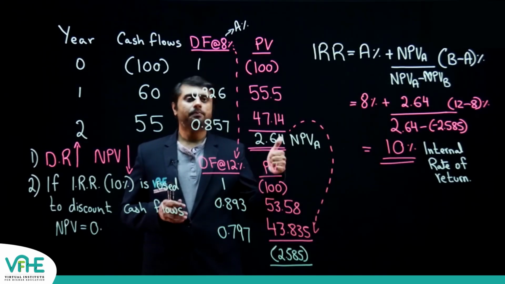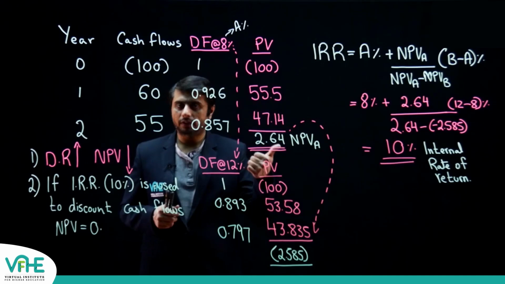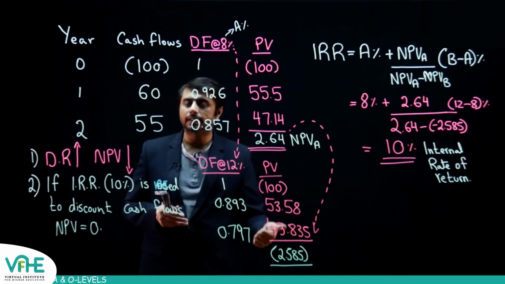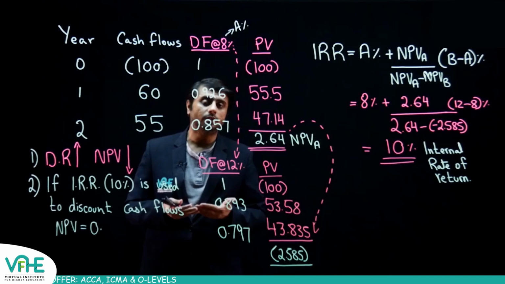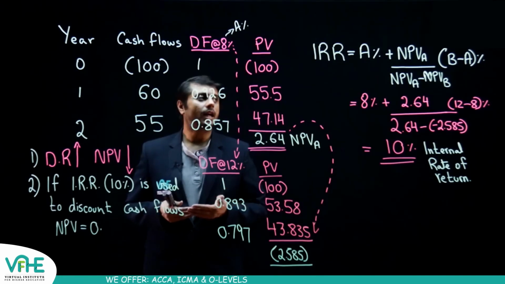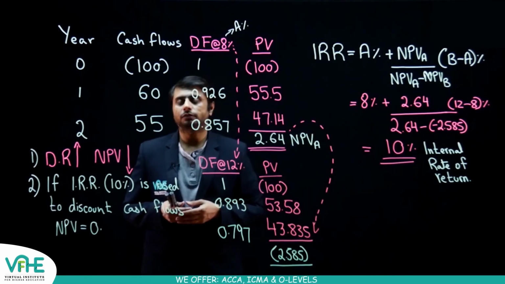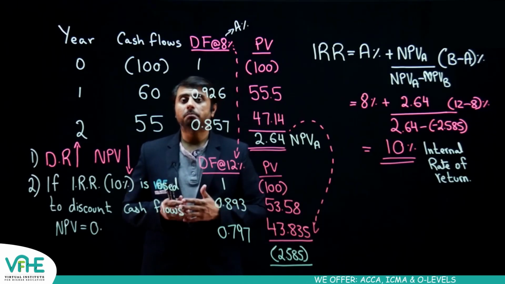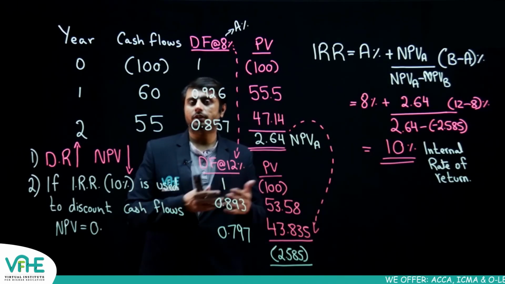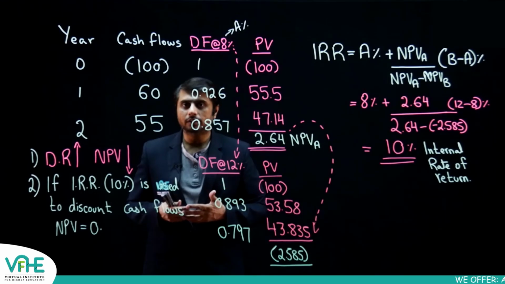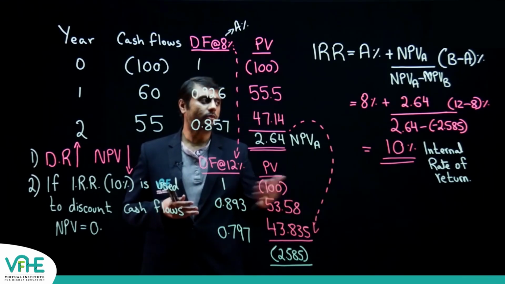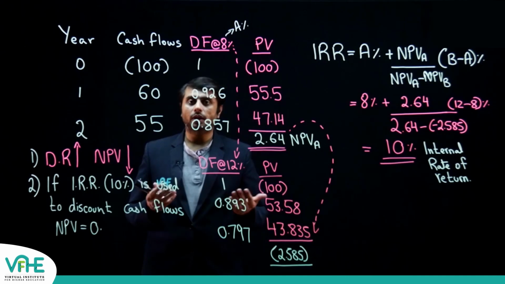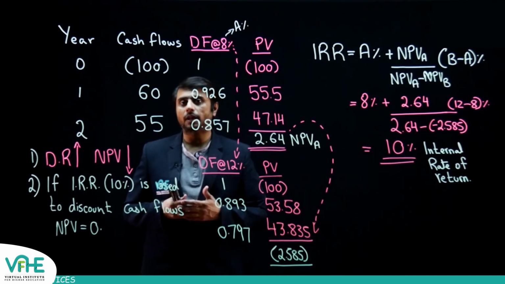The first step is to calculate net present value A. The second step is to calculate net present value B using a discount rate which is different than the first one, and then applying this formula. We will also be discussing the modified internal rate of return or MIRR technique very soon. So this was just a recap of what you have already studied in your financial management exams.